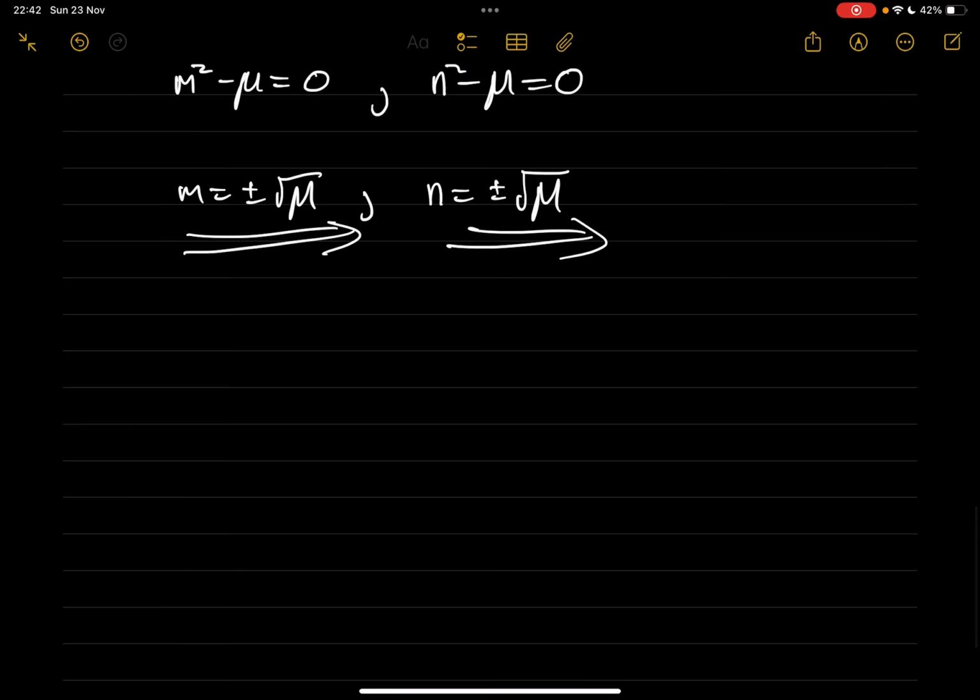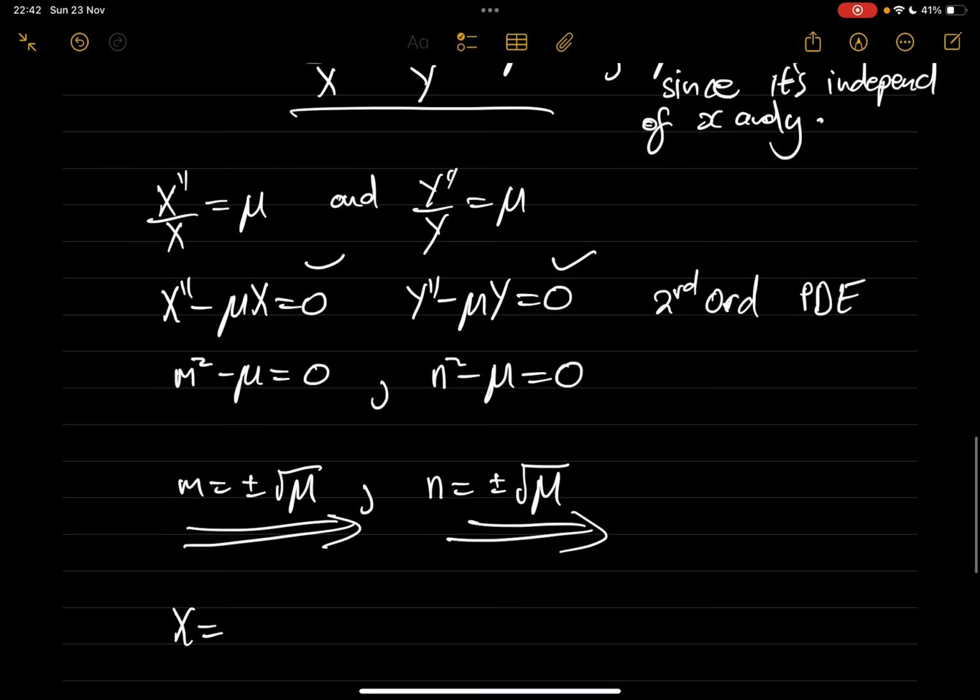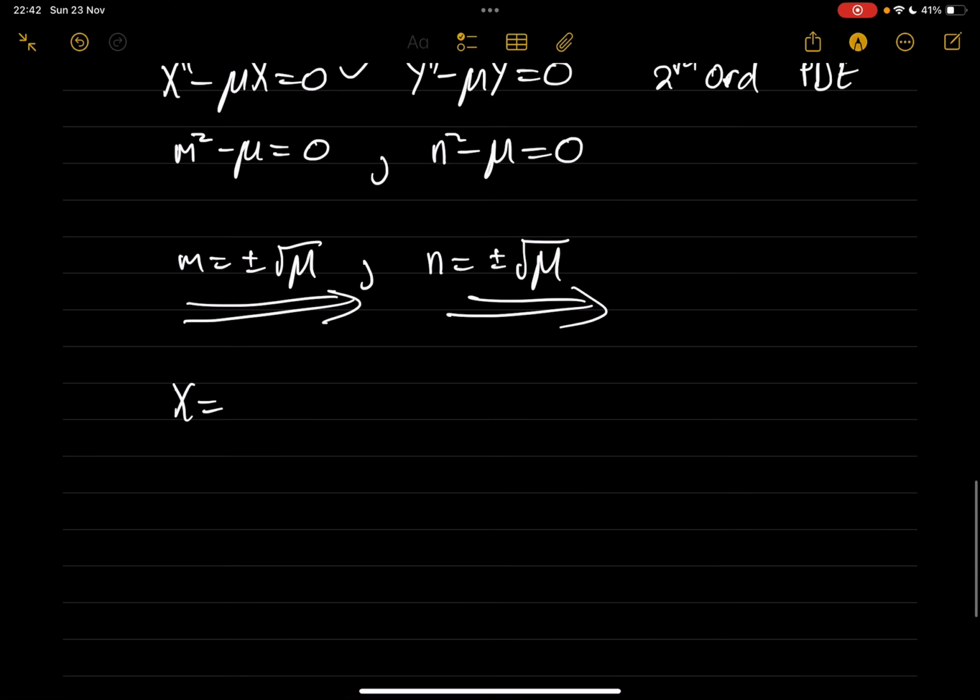So obviously, if you have two distinct values, your solution for this one is going to be X equals a e to the power root mu x plus b e to the power minus root mu x.